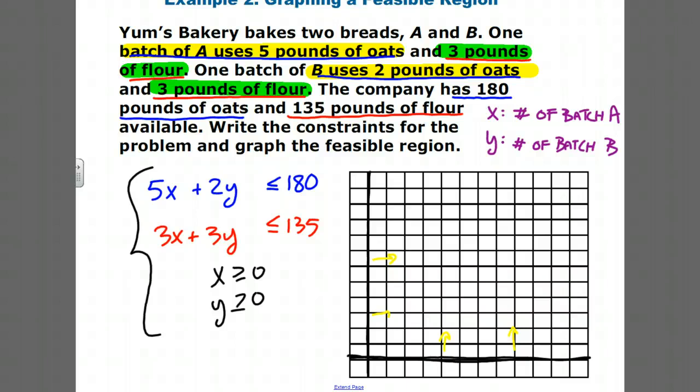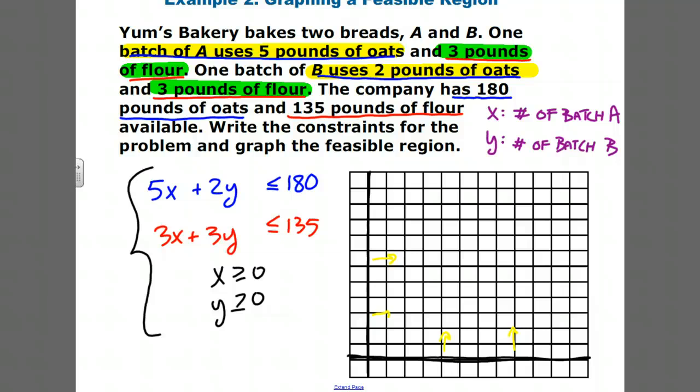How to graph these two inequalities here, 5x plus 2y? What's the best way to graph this? Would it be easier to find the intercepts or rearrange it into slope-intercept form? Intercepts. So what would be the x-intercept if y is 0?